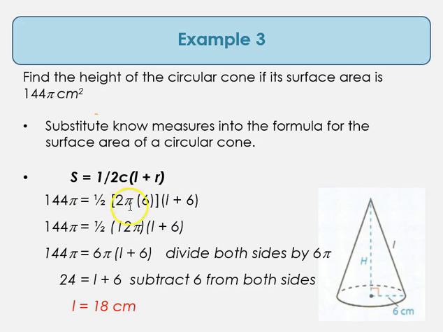And if we multiply 2 times 6, that's 12 pi. And now if we divide both sides by 6 pi, we end up with 24 equals slant height plus 6. And because we're solving for slant height, we want to clear the numbers next to it. So we will subtract 6 from both sides, and our slant height is 18 centimeters.